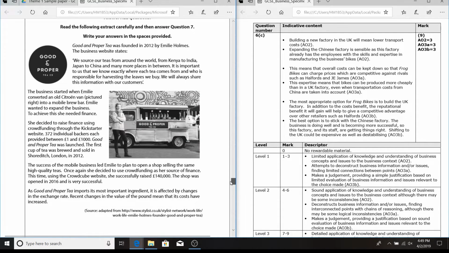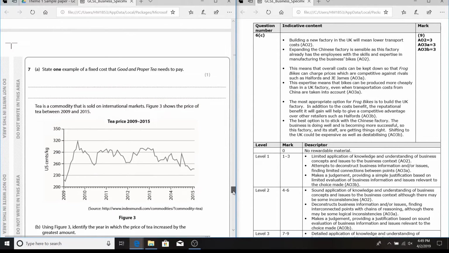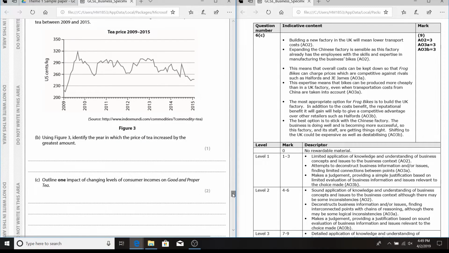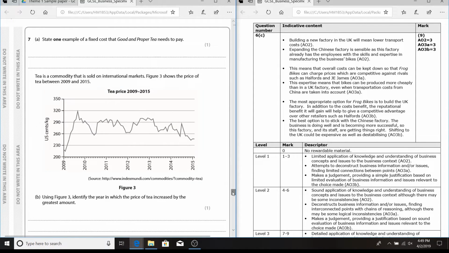Okay, so just coming back to this, what can we actually pick up here? So converted old Citroen van. Okay, lovely. Well, it could be road tax on the Citroen van. That's a nice example of a fixed cost. It's a one-off cost paid each year, although it can be broken down into monthly payments, actually.